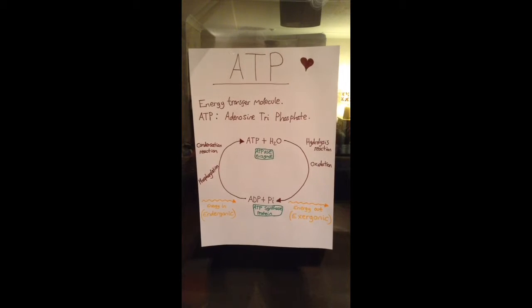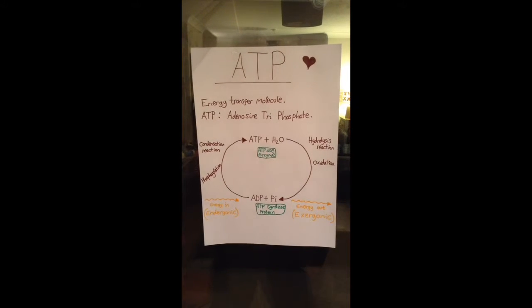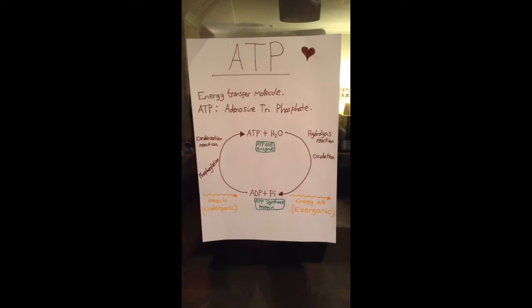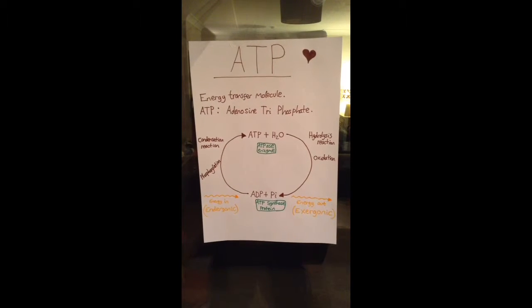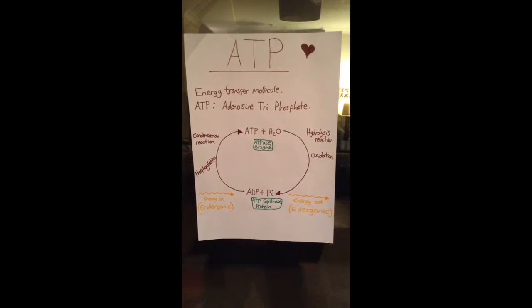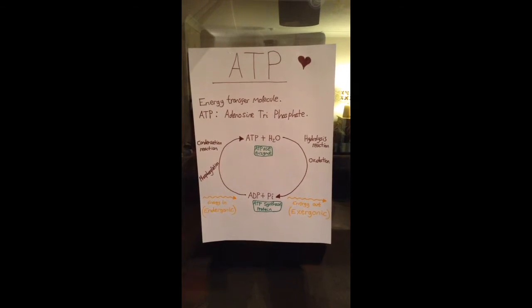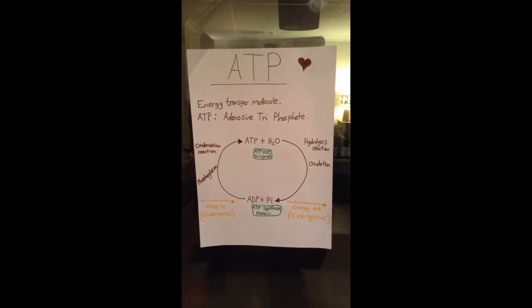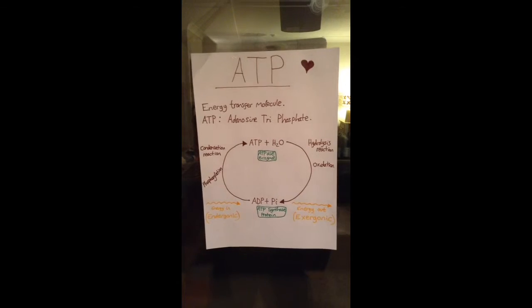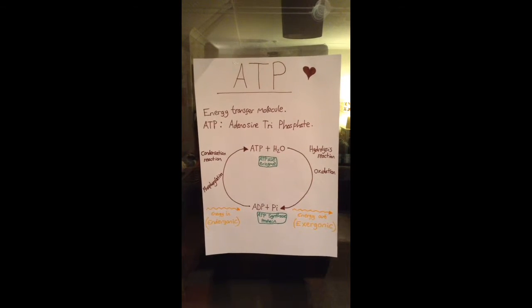Now, to form these back together, to reform ATP, you need to use the enzyme ATP synthase, meaning synthesis, meaning making of ATP. And that's also used in photosynthesis and respiration as well. And this actually puts in energy, so that's endergonic. That puts energy in to reform ATP.